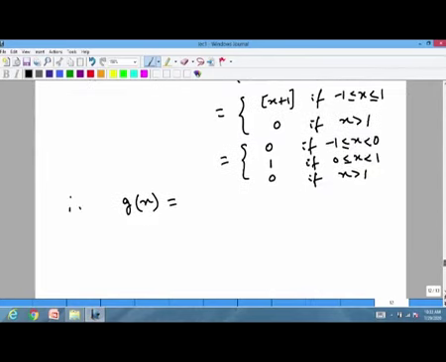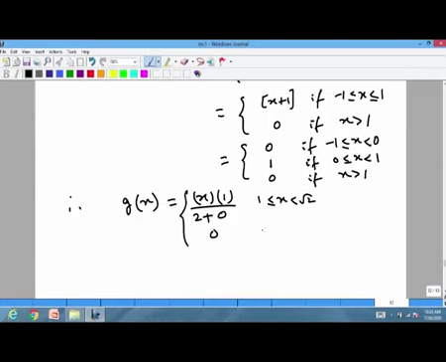So, if x is greater than or equal to 1 and less than root 2, then this is x times f of x square, which is 1, divided by 2, plus f of x plus 1, which, because x is bigger than 1, will be equal to 0.